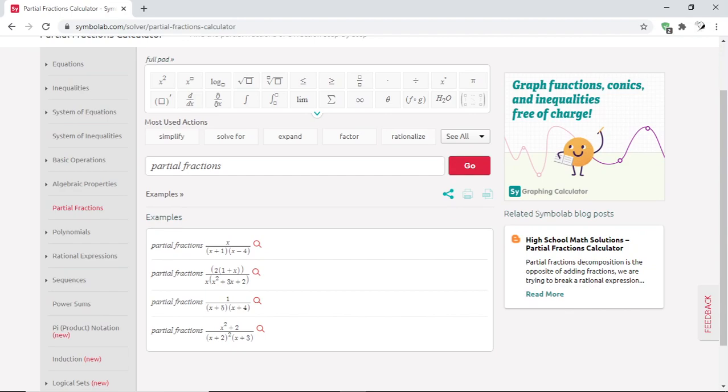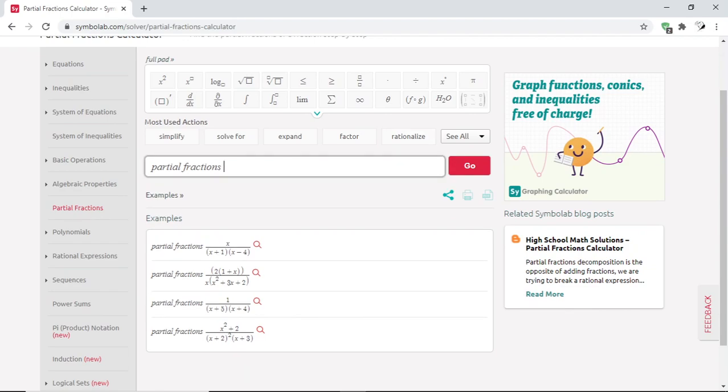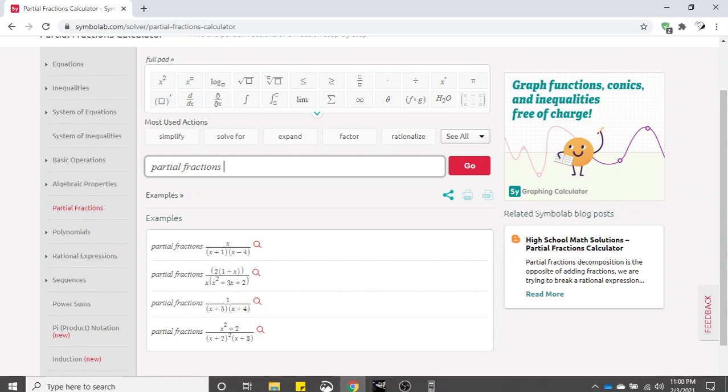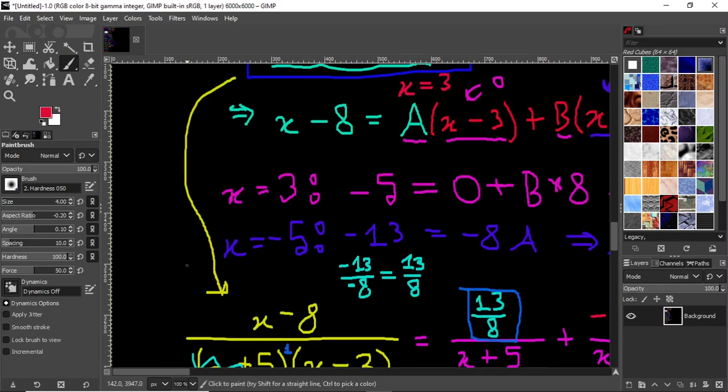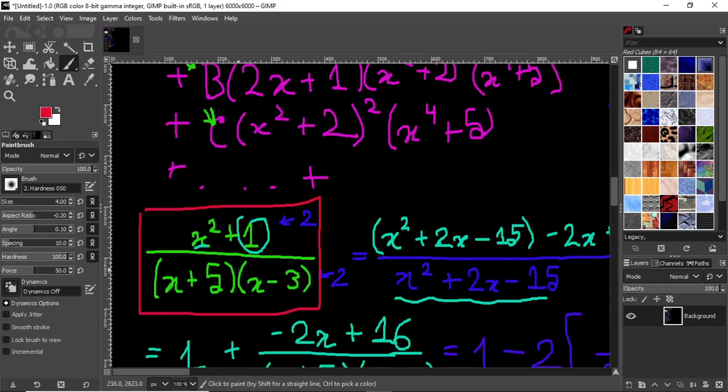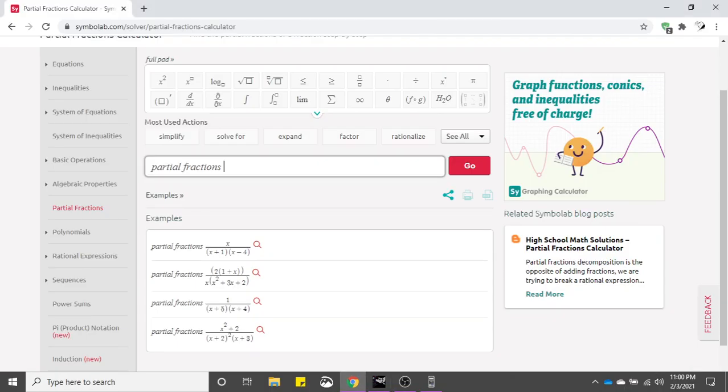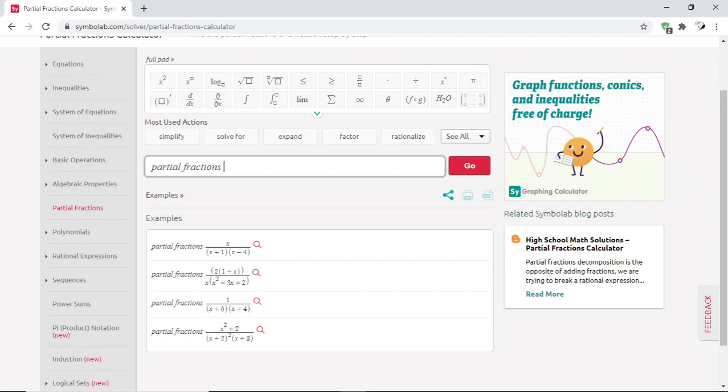I can do that pretty easily if I just enter my problem here. Let's try entering one that we saw before, to see that we got it right: x squared plus 1 divided by x plus 5 into x minus 3.